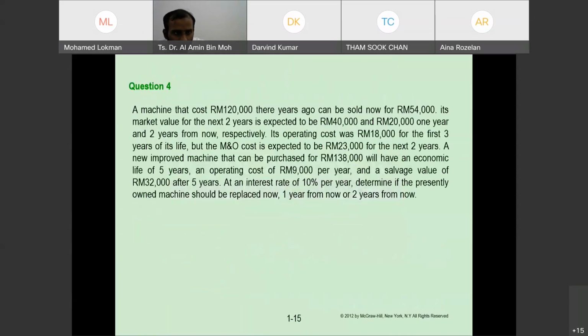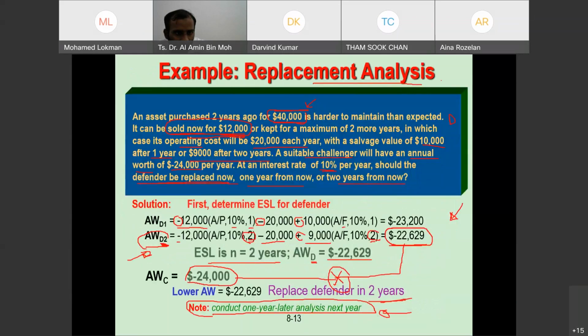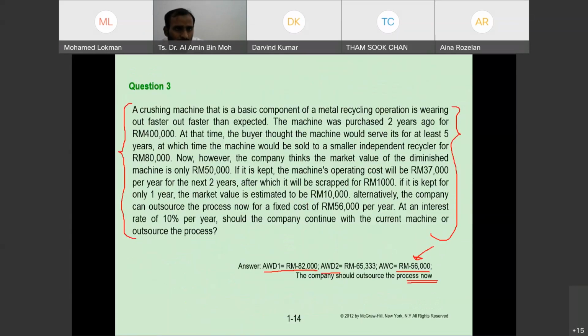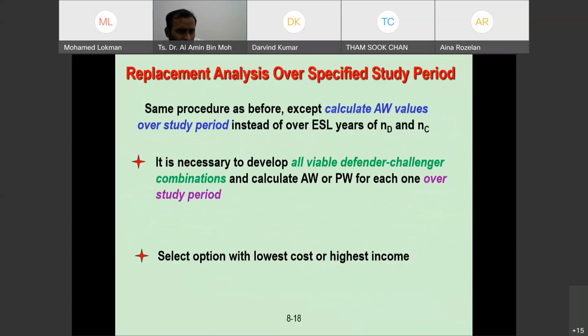Go back to this, and it's related to what Tom asked just now. Here we put negative 12,000, but if it's sold now, and in this case it's not sold, then it is the opportunity cost. So why does it become negative? They're talking about that here.